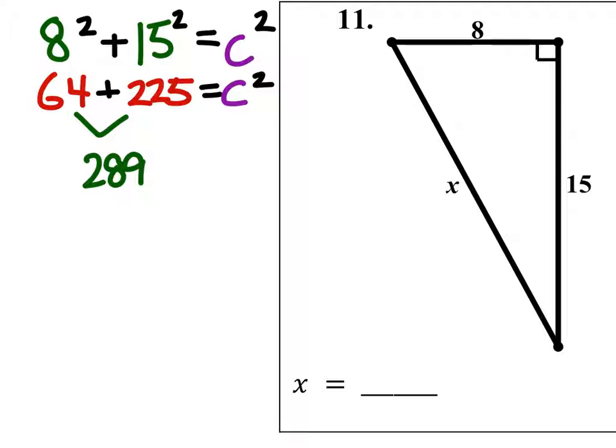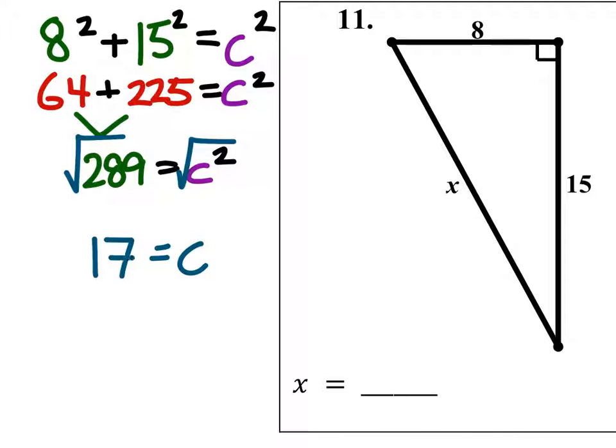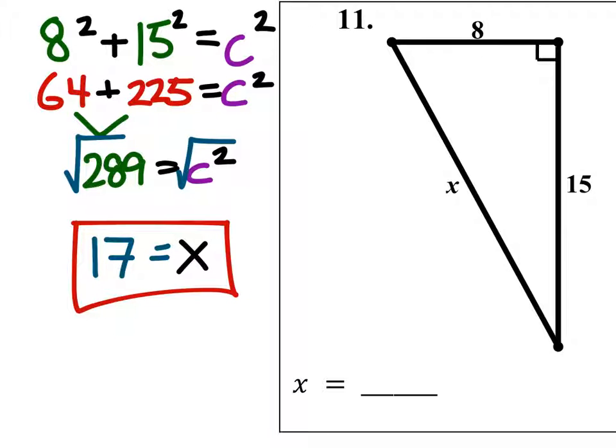That sounds like a perfect square. Let's see. So when I square root these, 17. I get c is 17. That's it. Sorry, I put c because it was the hypotenuse. But yeah, they used x. So there it is.